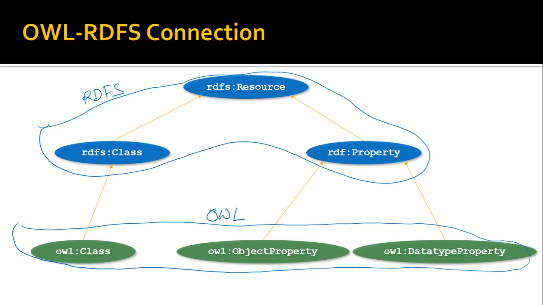And data type property, which is defined in OWL, is also a subclass of RDF property, right? We'll talk about object property and data type property in more detail in the subsequent part, but as of now, just think of these as different OWL concepts, and we are extending the RDFS concepts to design our OWL concepts.